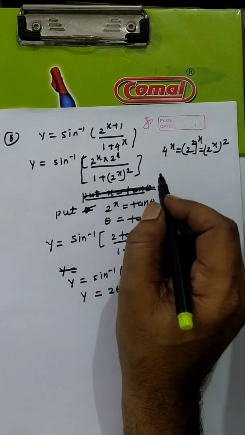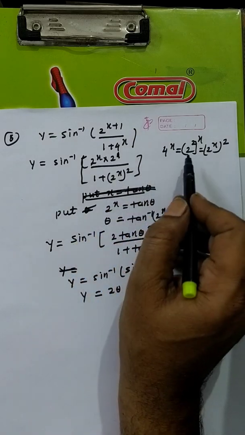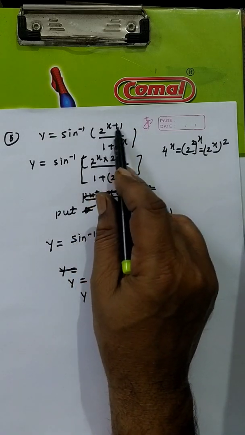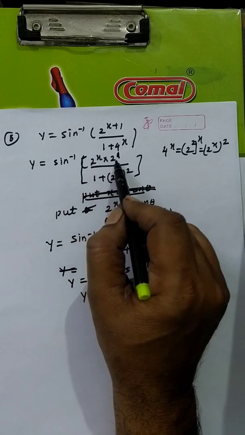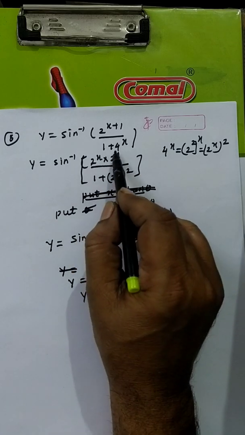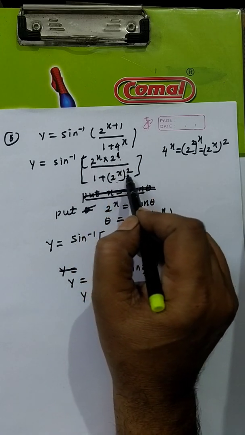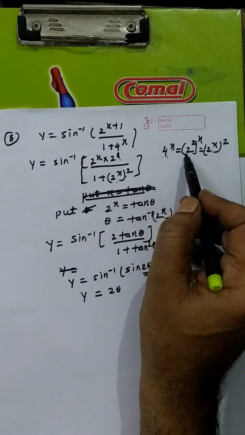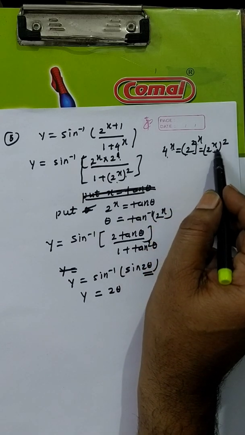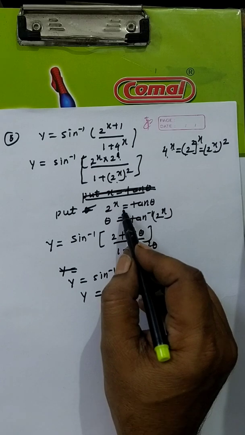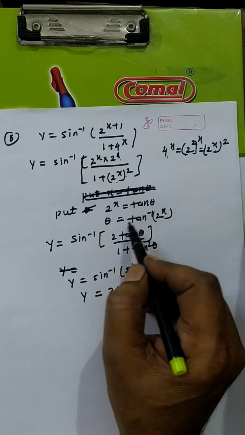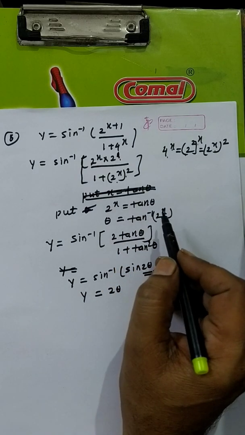So I have taken 2 raised to x plus 1 written as 2 raised to x into 2 raised to 1, and 4 raised to x written as 2 raised to x whole square, because 4 raised to x is 2 square raised to x or 2 raised to x whole square. Then I have taken 2 raised to x equal to tan theta. Theta will be tan inverse of 2 raised to x.